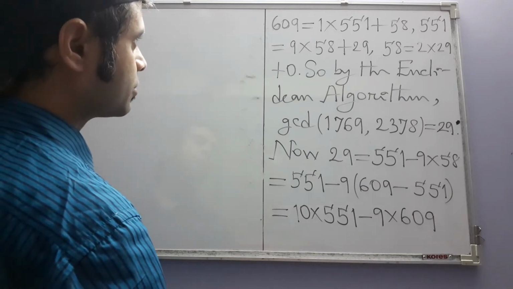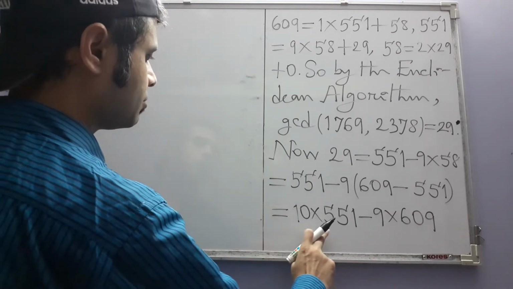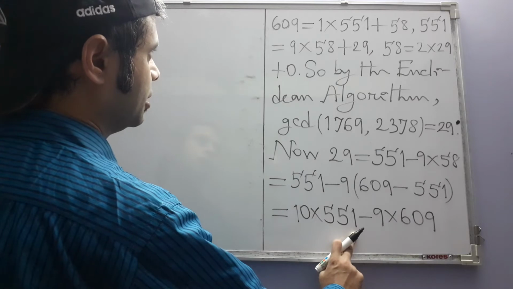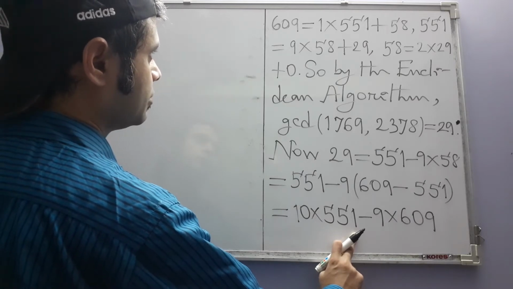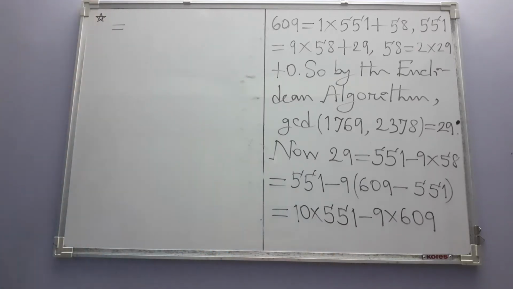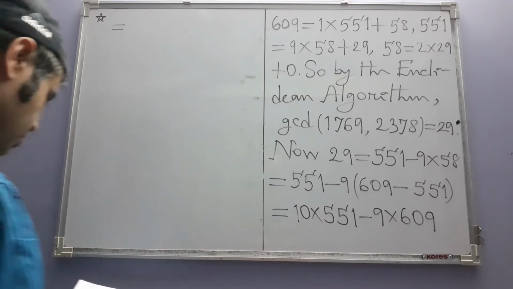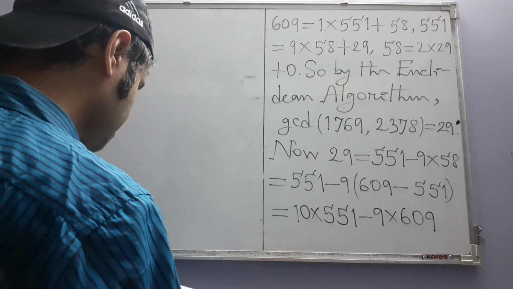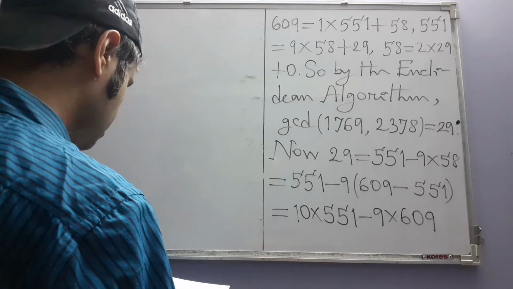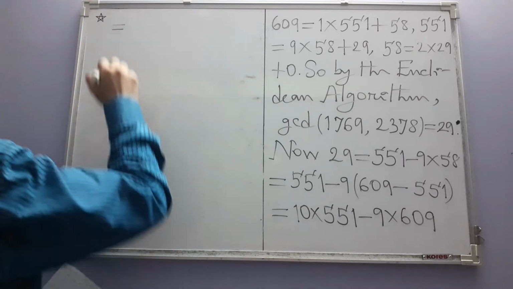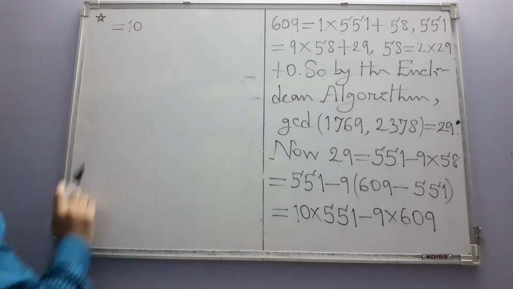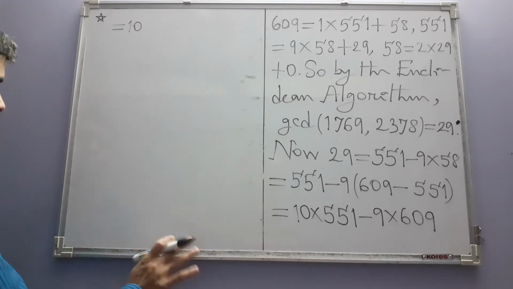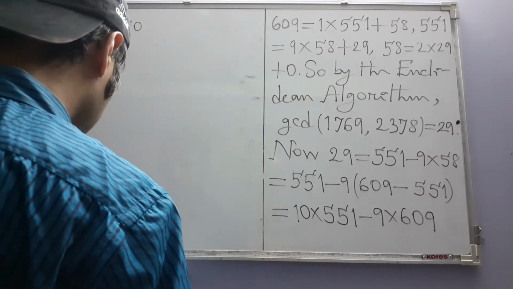So now we are going to replace 551, and for that we are going to use which equation? The one where 551 appears as the remainder. So, I mean, it was here. I should not have wrapped that part, but anyway.